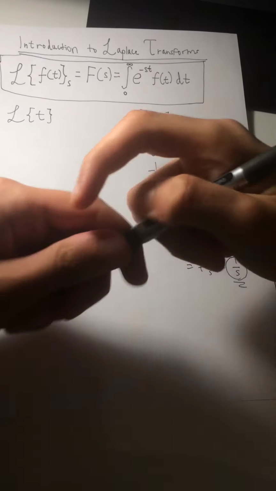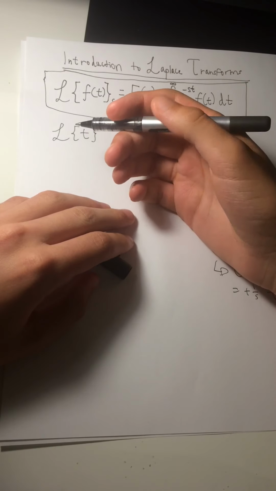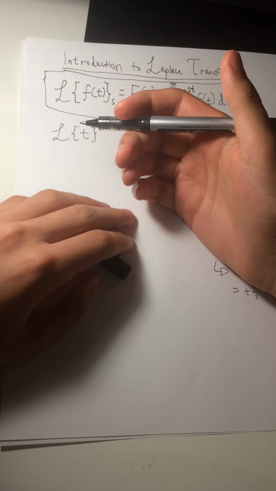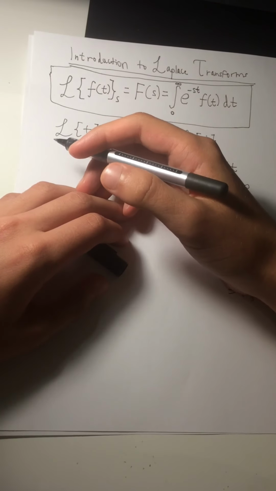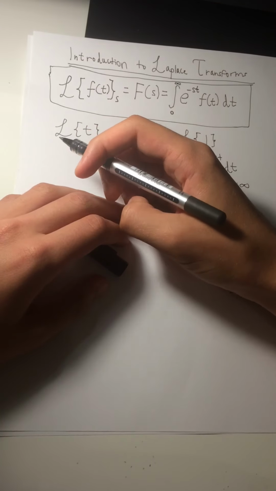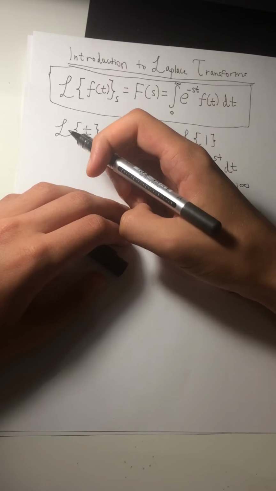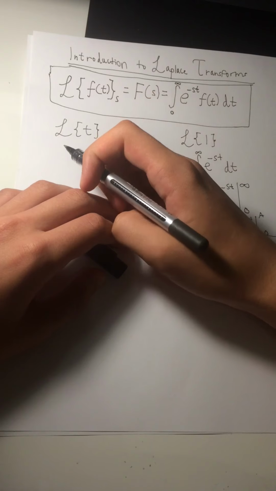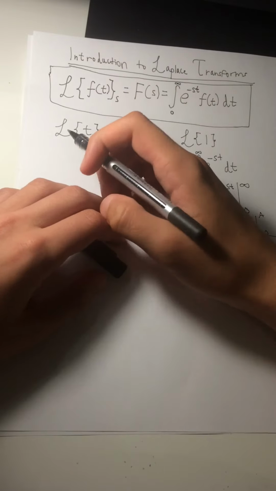Pretty easy, but yeah. I'm going to do the Laplace transform of sine of at, with a just being any number really, but finding the Laplace transform of sine of t is quite long, so you might as well just do a as well, with the consideration that we have a limited amount of time.